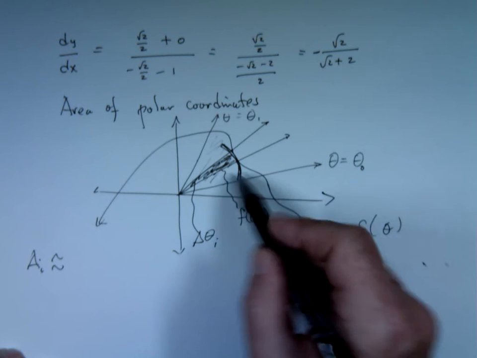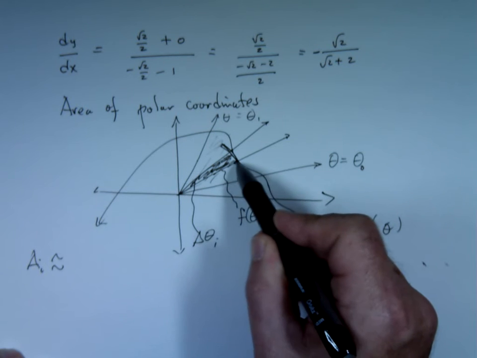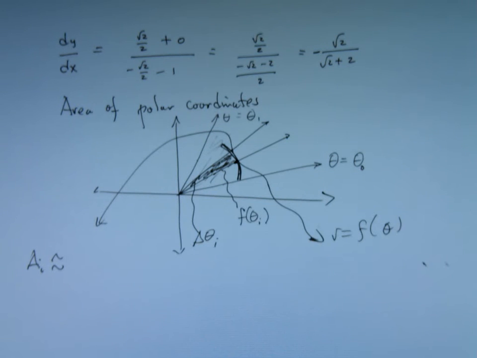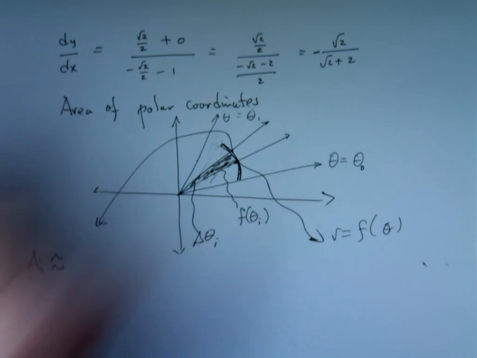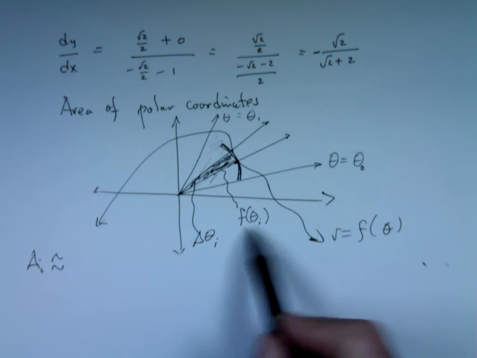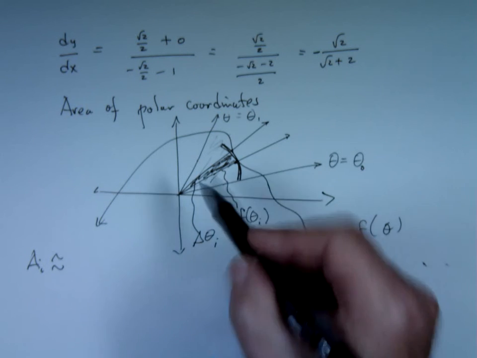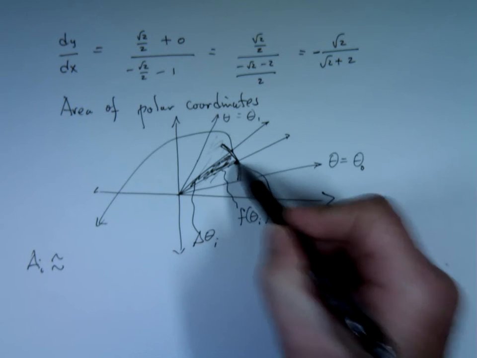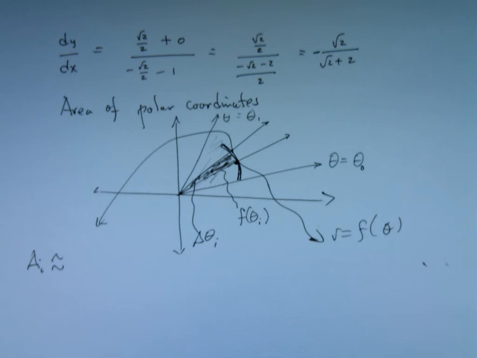This distance right here is r sub i, or f of theta sub i. What's the area of a sector of a circle whose central angle is delta theta, whose radius, in this case, is going to be f of theta sub i? That'll be this distance here. What's the area of a sector? How do you find the area of a sector? Arc length. What's that? Arc length and R. You need R. Okay, here we go.